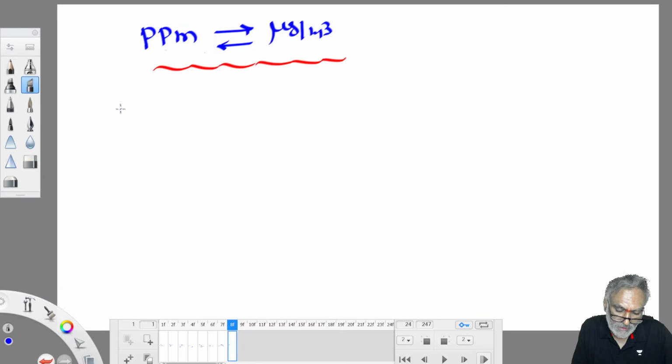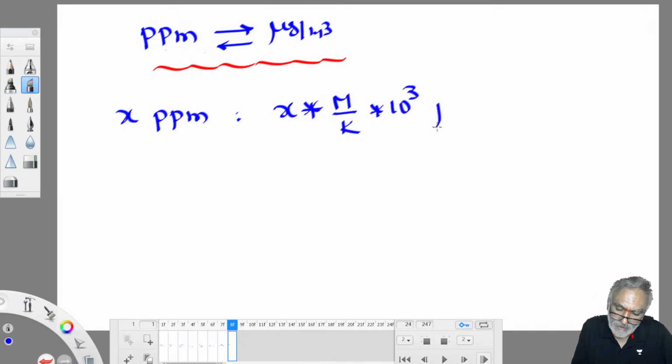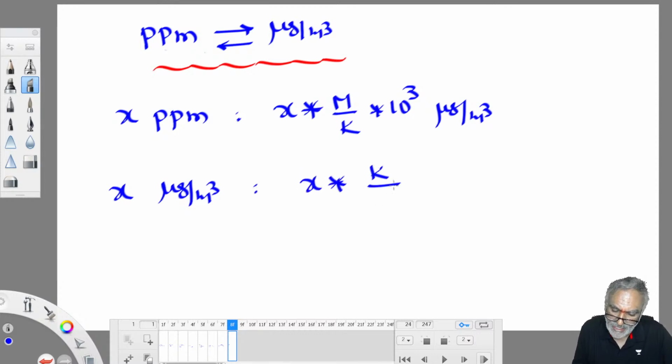So x ppm of any gaseous contaminant in the atmosphere is equal to x into M by K into 10 cube microgram per meter cube. That's all. And x microgram per meter cube of any substance, how to express in ppm? x into K by M into 10 cube ppm.